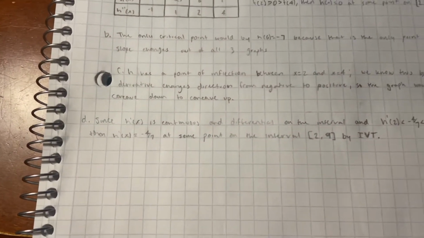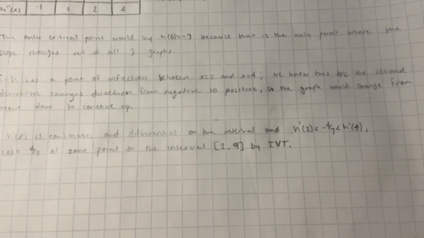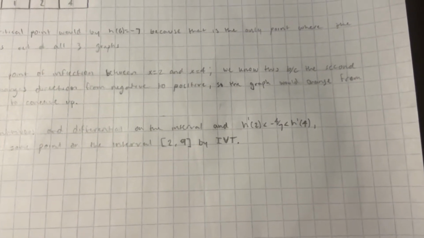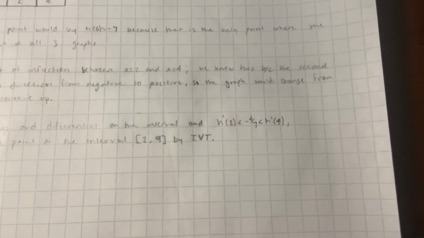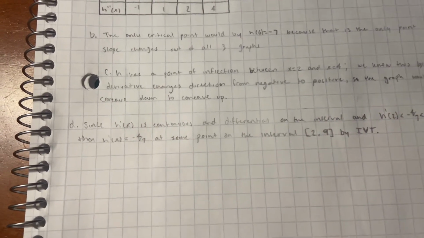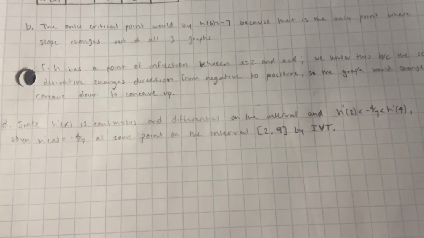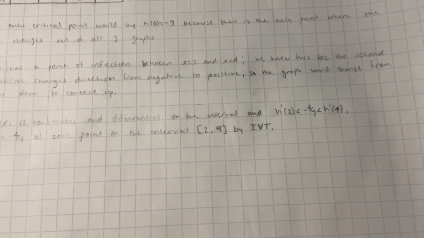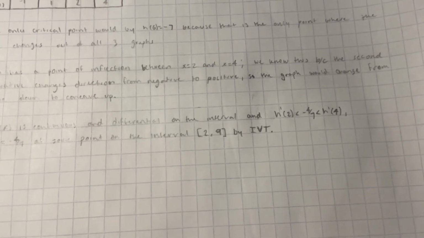So we could say that since h prime of x is continuous and differentiable on the interval, and h prime of 2, which is -1, is less than -4/7, and that is less than h prime of 4, then h prime of x would equal -4/7 at some point on the closed interval 2 to 9 by the Intermediate Value Theorem.